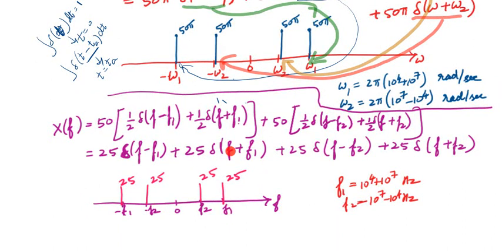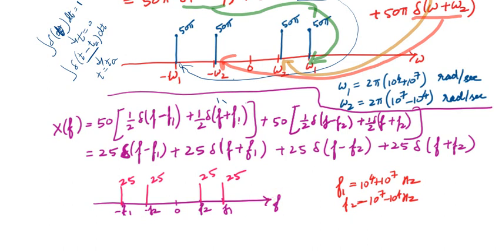Inside the braces it should be 0, so when f is equal to minus f1, it corresponds to this component. When f is equal to f2, it corresponds to this component. Here f should be equal to minus f2, which corresponds to this. So this is the spectrum of the given signal in terms of f.